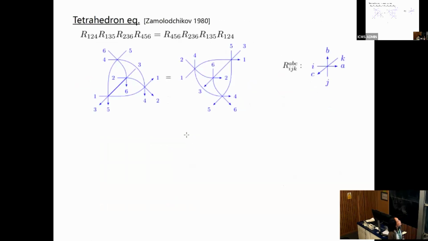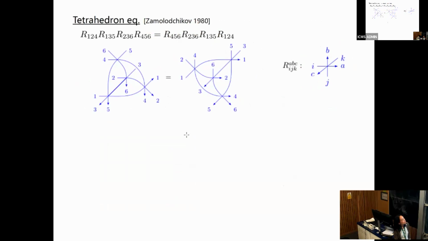To get such commutativity of layer transfer matrices, we use the tetrahedron equation introduced by Zamolodchikov in 1980. I think it is very famous. It was introduced as the higher dimensional version of the Yang-Baxter equation. For this one, we use this picture.